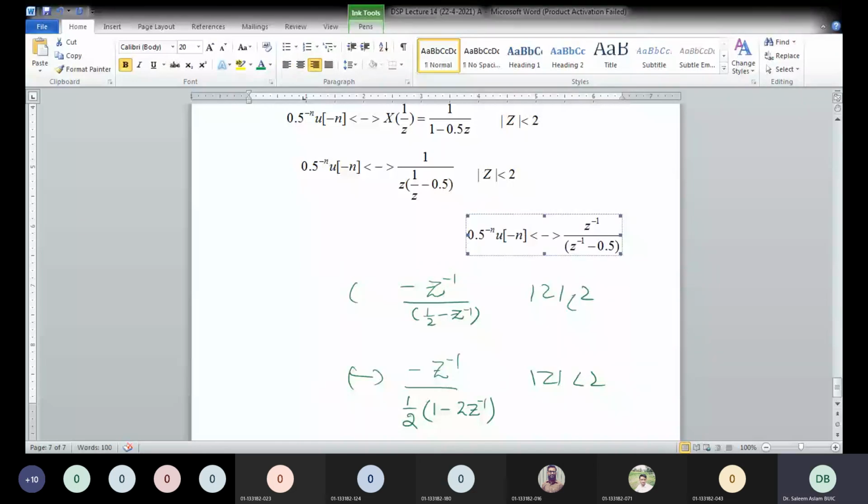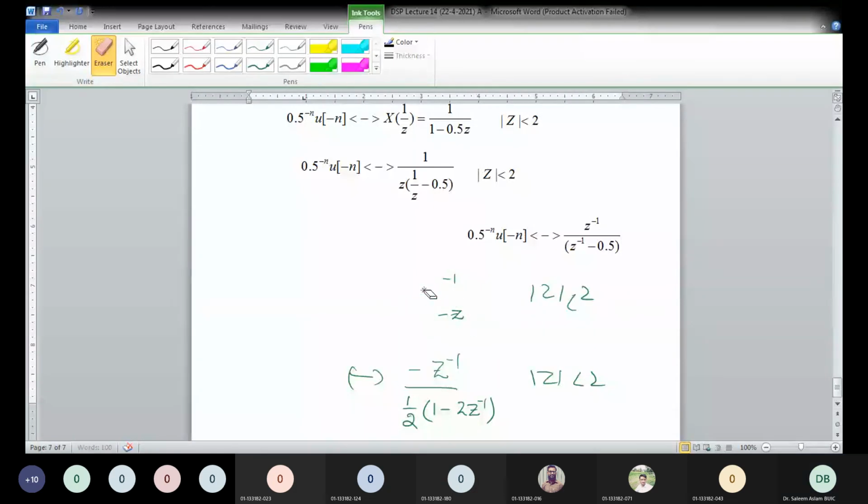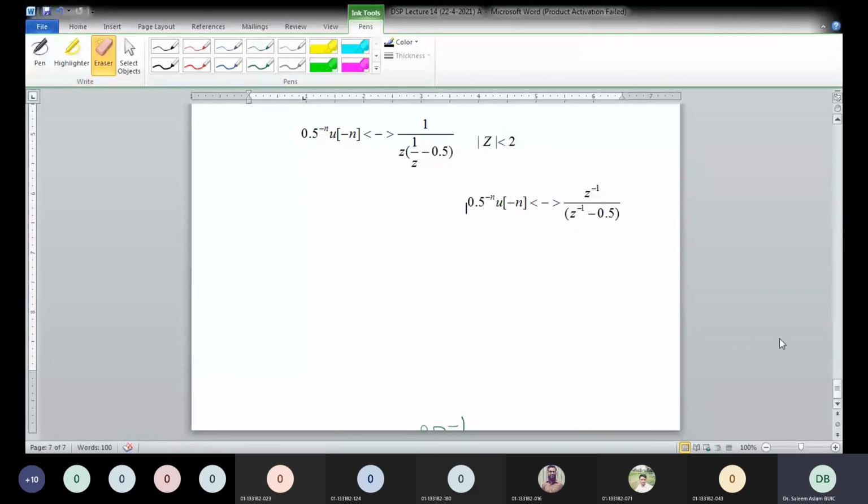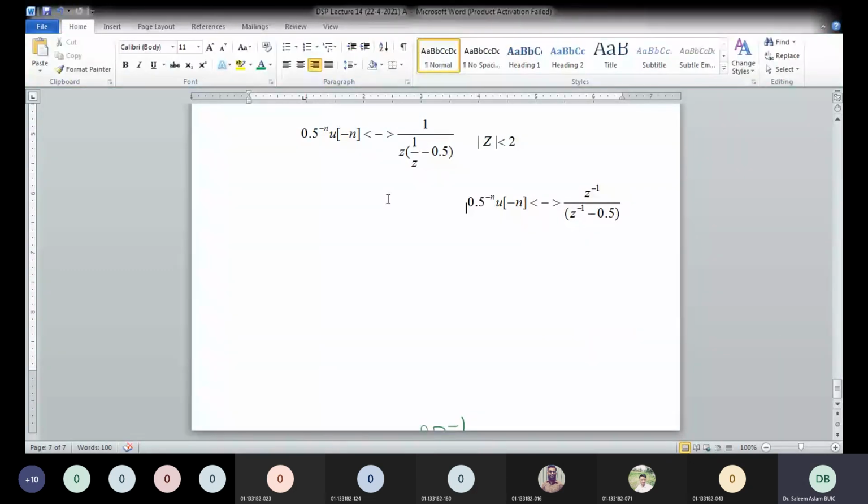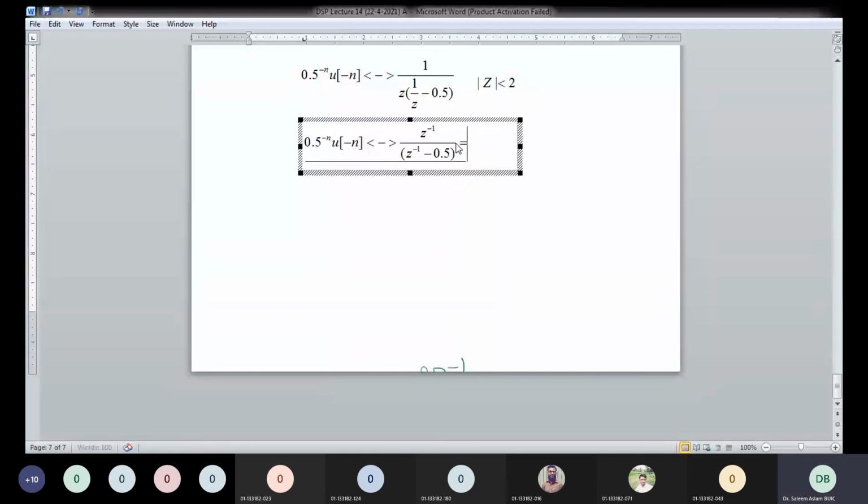Let me take a razor and remove this. Yes, now we have enough space. It will not disturb like this. So in the next step, let me put it in front of this. It should be equal to, if I take 0.5 common, let's take -0.5 common.